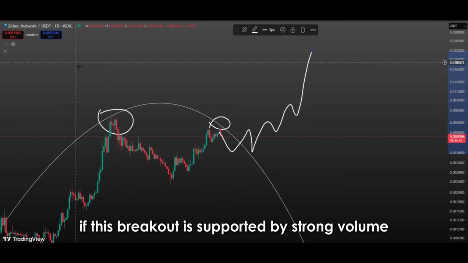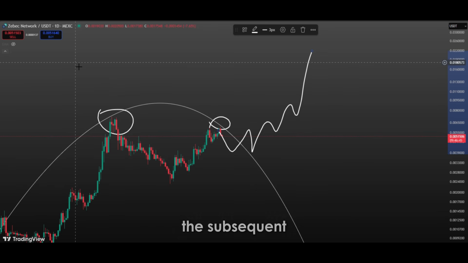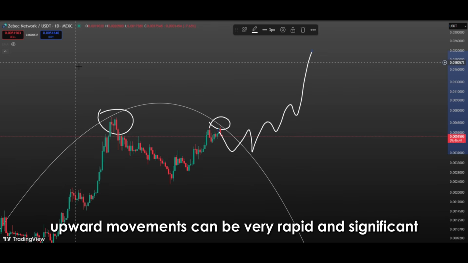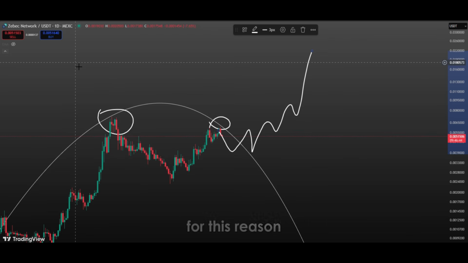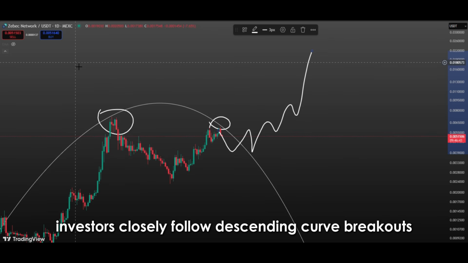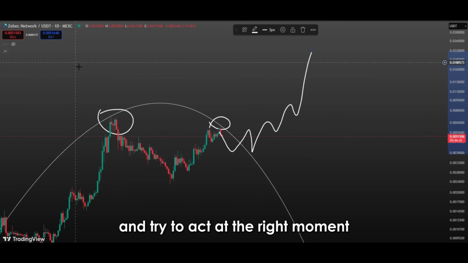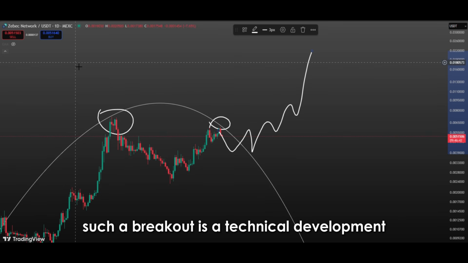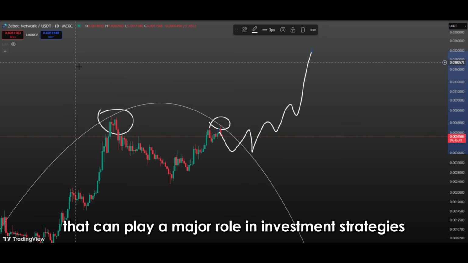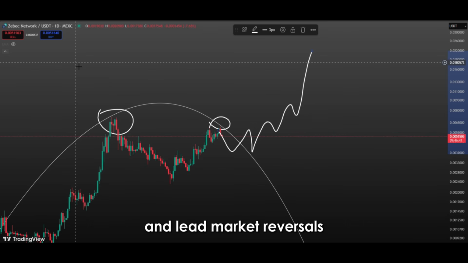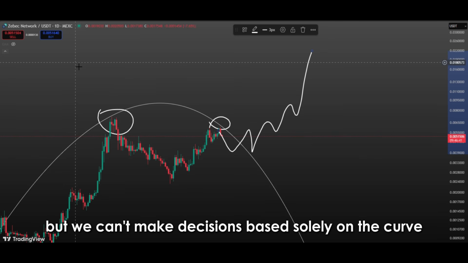If this breakout is supported by strong volume, the subsequent upward movements can be very rapid and significant. For this reason, investors closely follow descending curve breakouts and try to act at the right moment. Such a breakout is a technical development that can play a major role in investment strategies and lead market reversals. But we can't make decisions based solely on the curve.